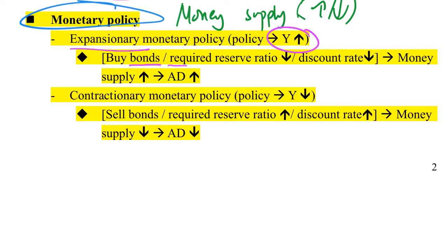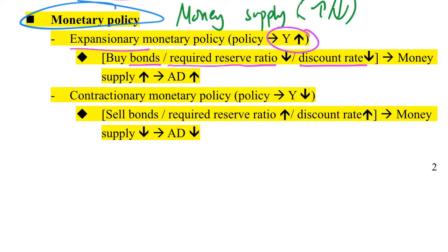Secondly is the change of the required reserve rate. We learned that in the money supply topic about credit creation. And then the next one is the discount rate. The discount rate is the interest rate at which the central bank lends money to the commercial banks.